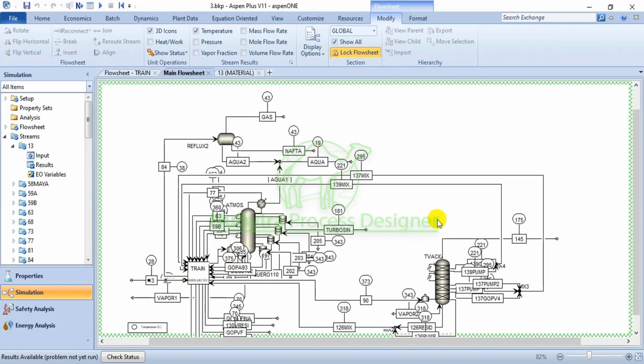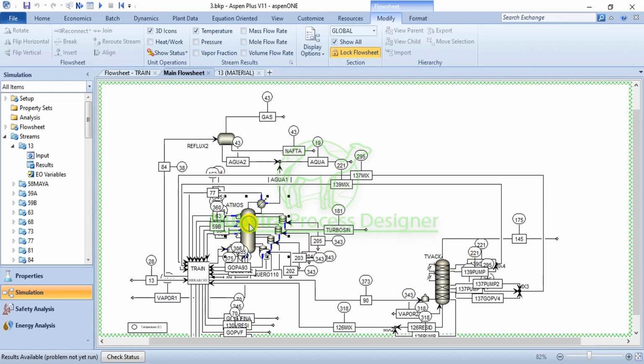We have the flow sheet for the refinery here. We have the atmospheric column and the vacuum column. For the atmospheric column, we have a reflux drum, condenser, and a furnace. For the vacuum column, we have a furnace.